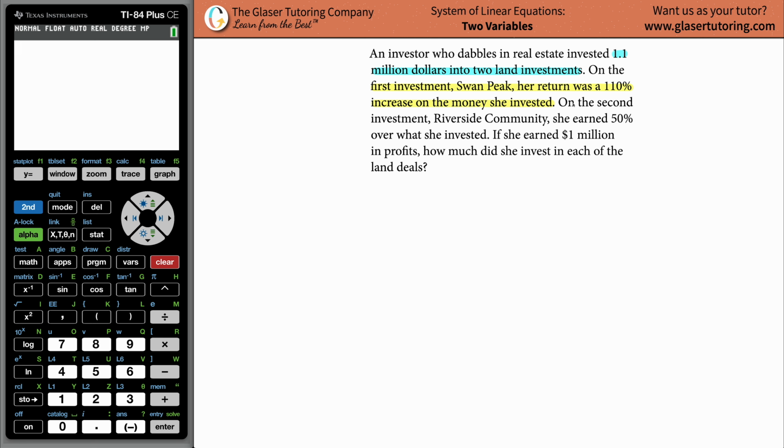And on the second investment, which was Riverside Community, she earned 50% over what she invested. And collectively, if she earned $1 million in profits, how much did she invest in each of the land deals to begin with? Okay, so how much did she invest in the beginning?